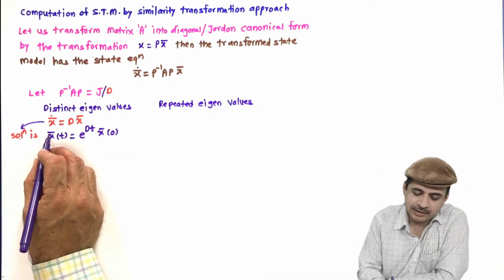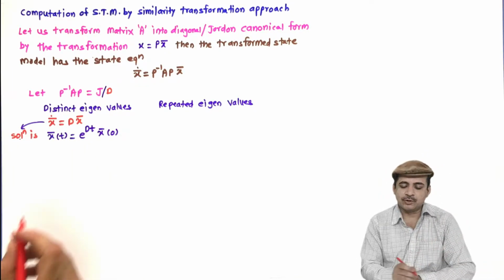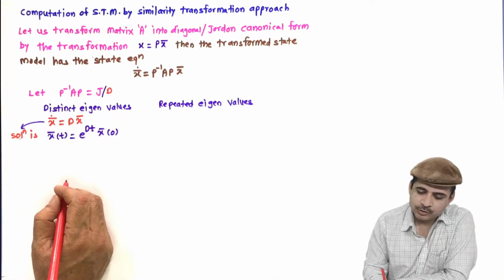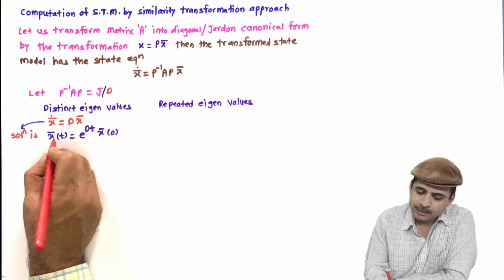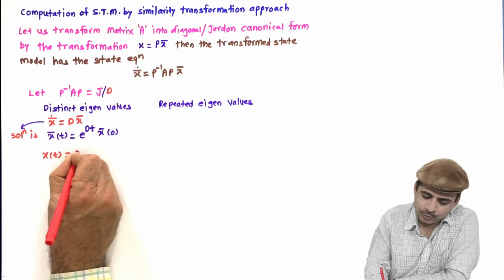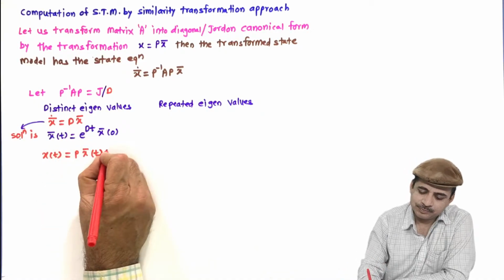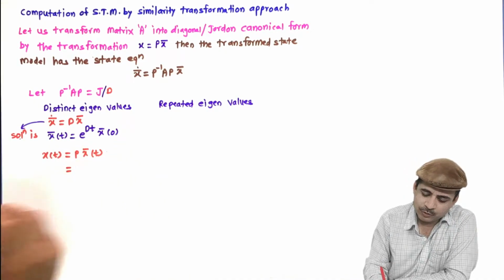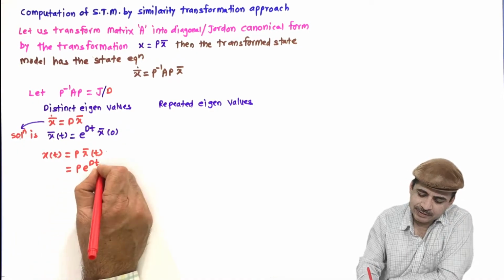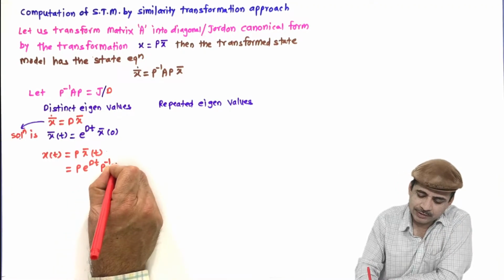But I am not interested in x bar of t, I am interested in x of t. So x of t will be equal to P x bar t, because x is equal to P x bar, and that will be equal to P e raised to Dt into x bar 0, and x bar 0 is P inverse x of 0.